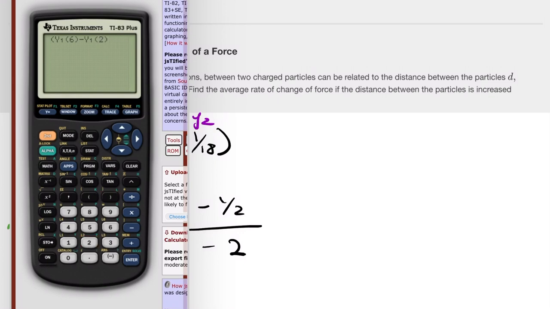Okay, I'm closing off my numerator, divided by 6 minus 2.